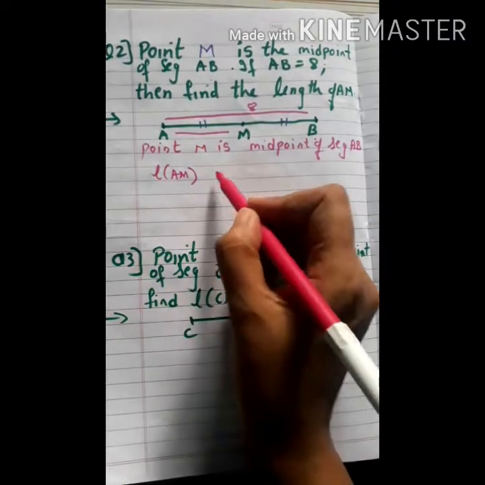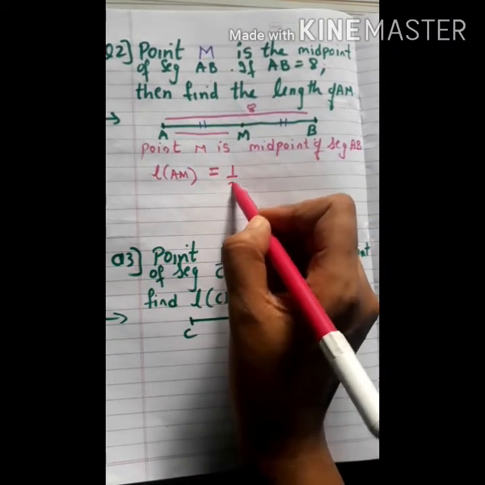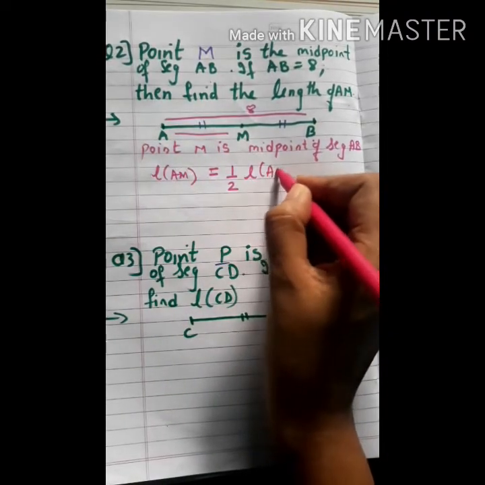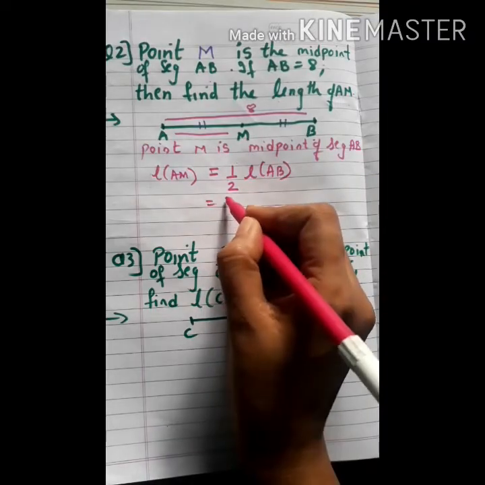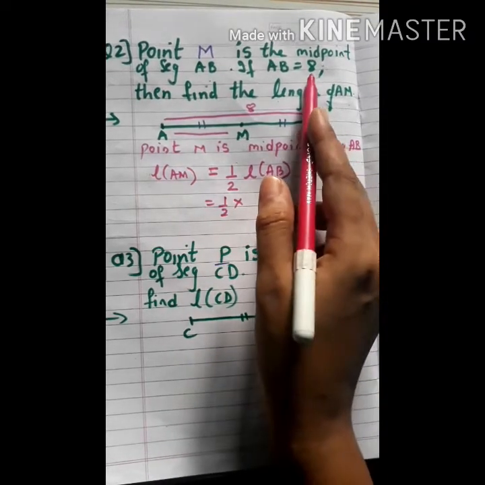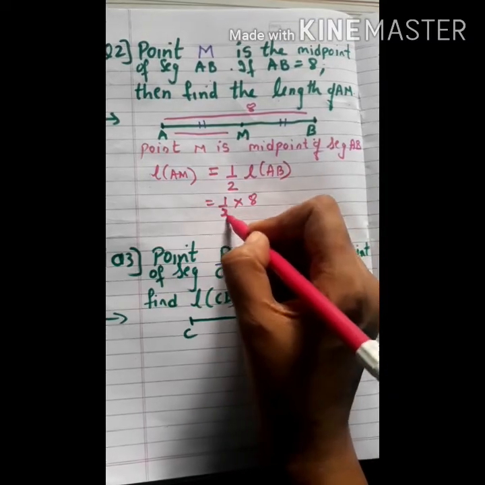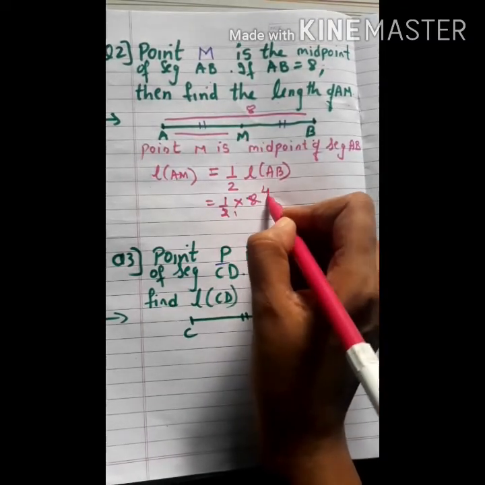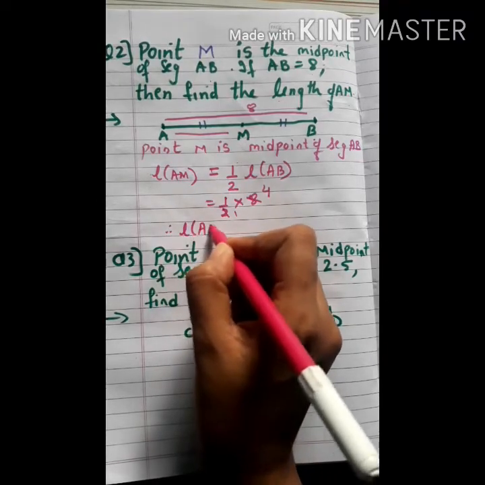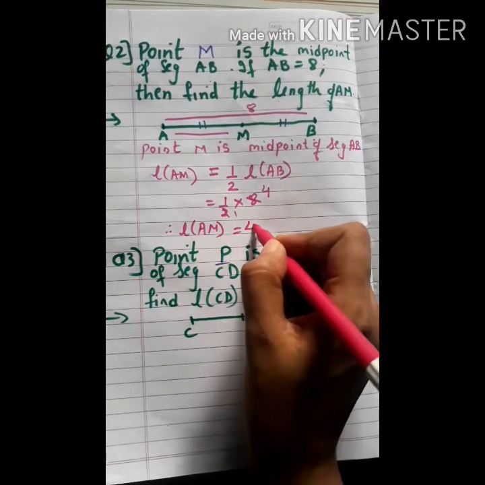Length of AM equals half of length of AB. Equals half into AB, which is given how much? 8. Half of 8 is 4. Therefore length of AM equals 4.